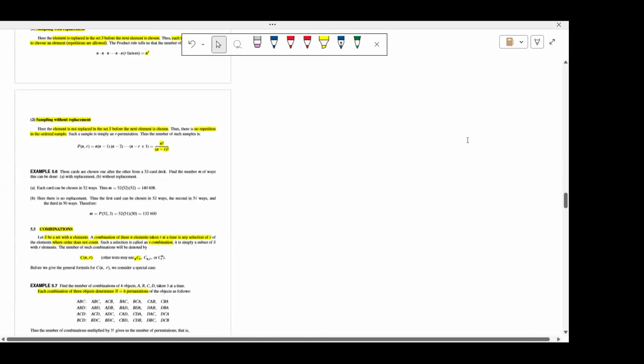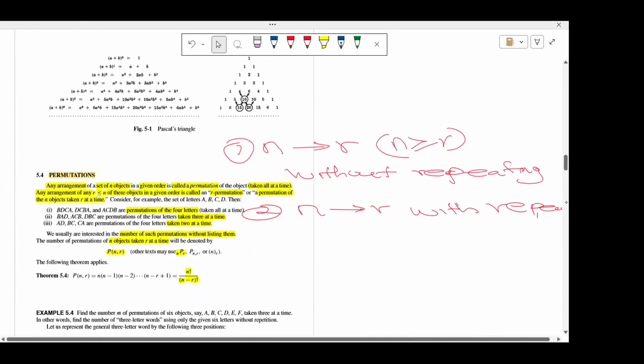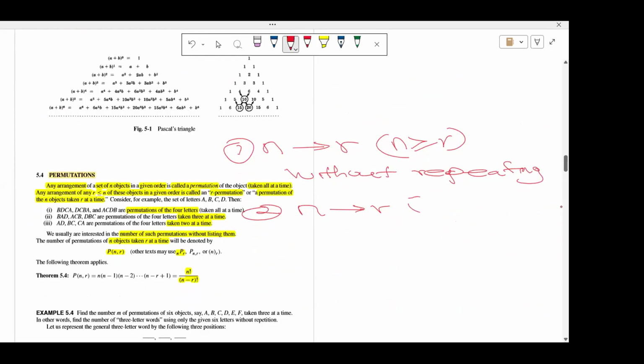So these are the two things we discussed, with repetitions and without repetitions. From n objects, we need to take r objects, with the same condition, n greater than or equal to r.